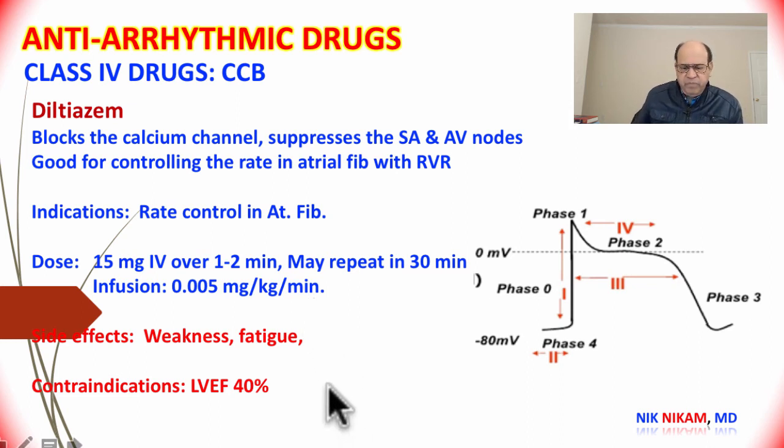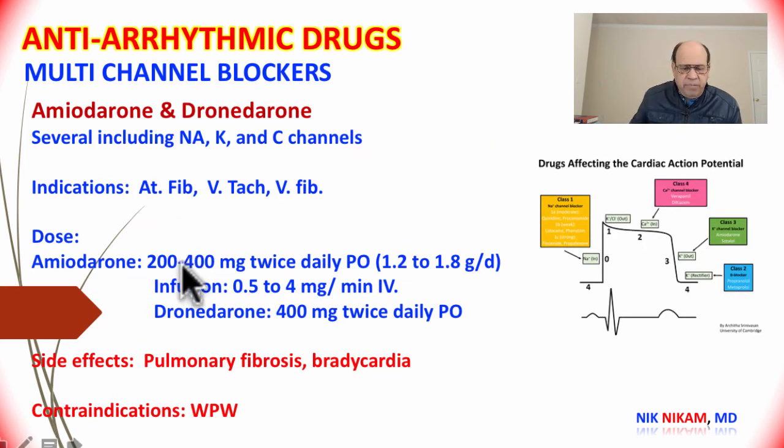I would rather choose beta blockers or other antiarrhythmics which do not depress the left ventricular function. There are a couple of other classes of antiarrhythmics that we routinely use, which do not belong to the four classes of antiarrhythmics.